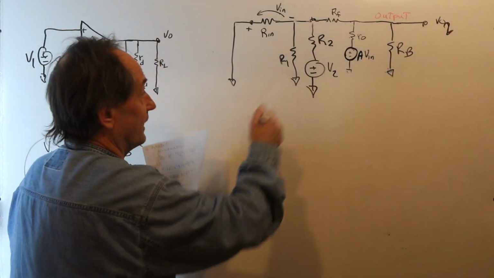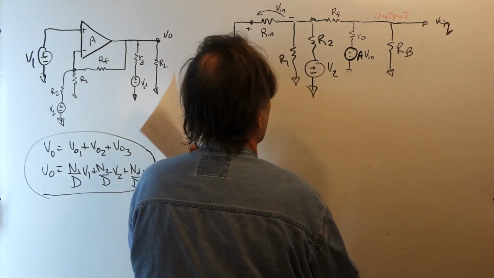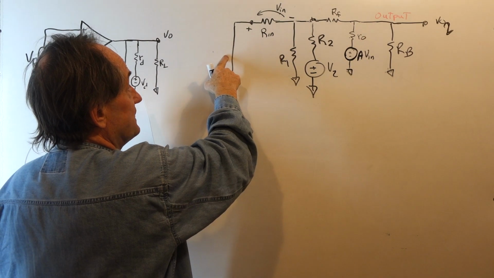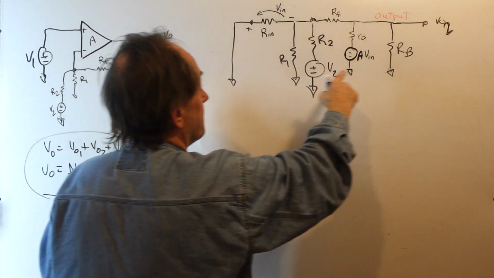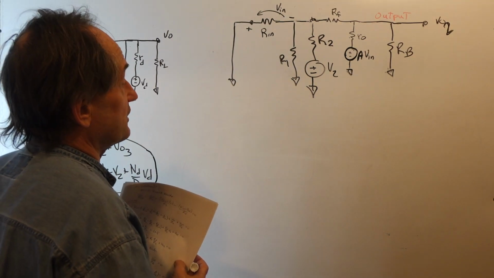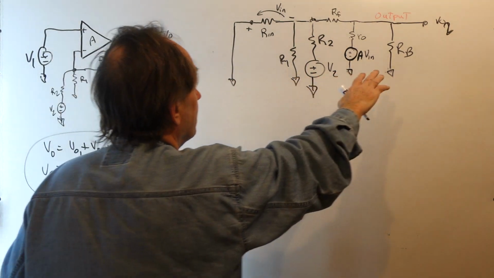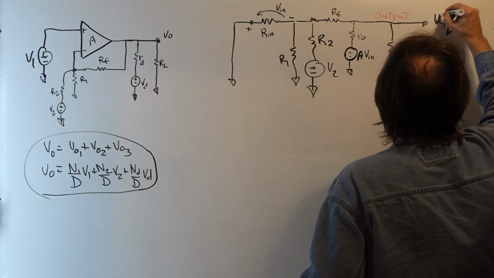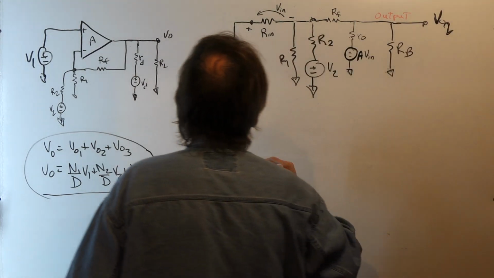Now, we're going to activate V2 and set all the other sources to 0. So we've replaced V1 and VD by short circuit to kill those sources, and now we solve for the output, VO2, in terms of V2.